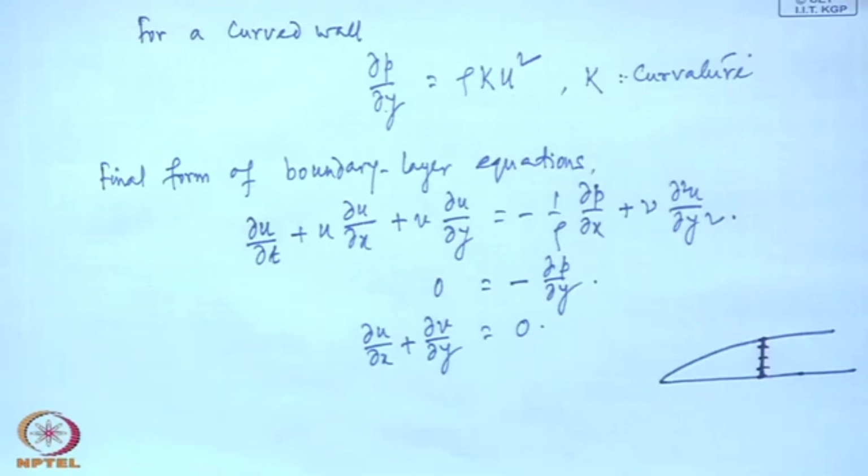So, the total pressure or stagnation pressure is decreasing as you move to the wall. In an inviscid flow, the stagnation pressure always remains constant, it does not change. But in the viscous flow, we see that the stagnation pressure changes, and as we move from the edge to the wall, the stagnation pressure decreases.